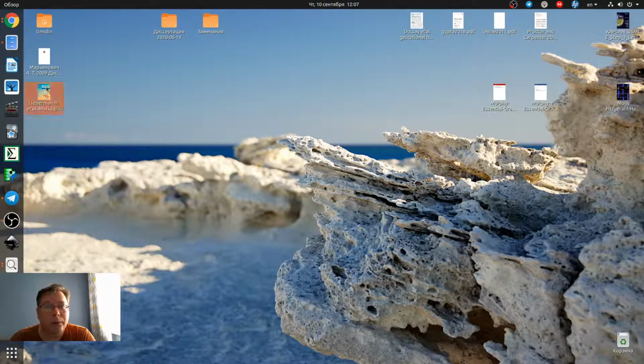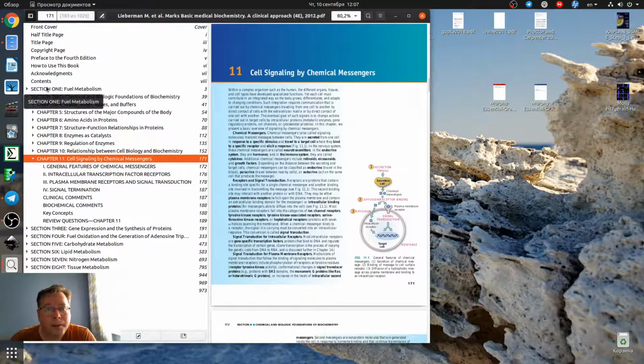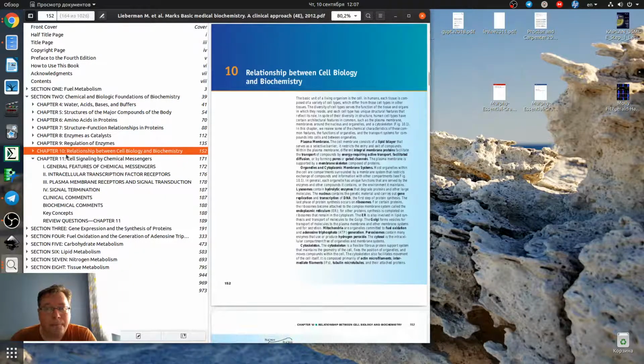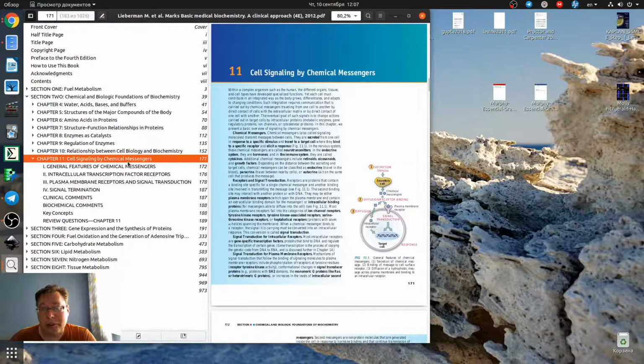Wait a second. Here. Yes: a relationship between cell biology and biochemistry, the structure of membranes, cell signaling and chemical messages, mechanism of transfer of signal molecules between cells, and activation of specific biochemical routes.